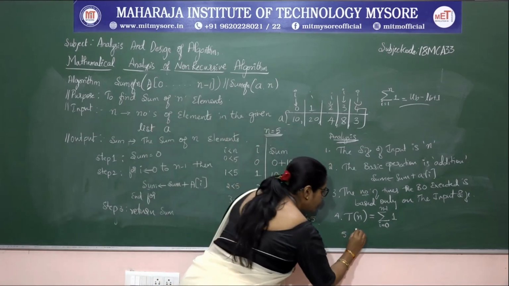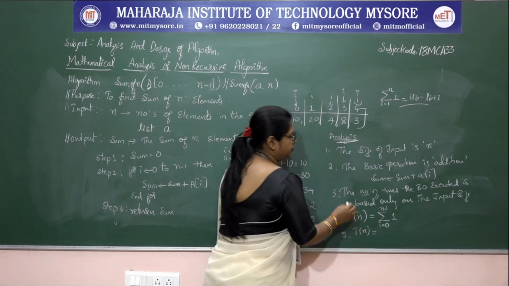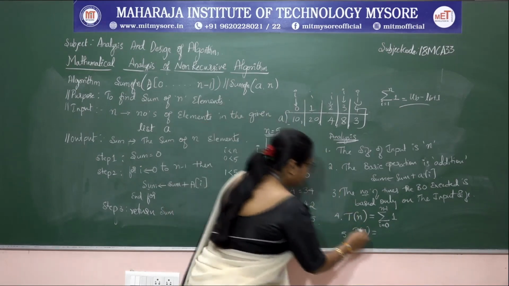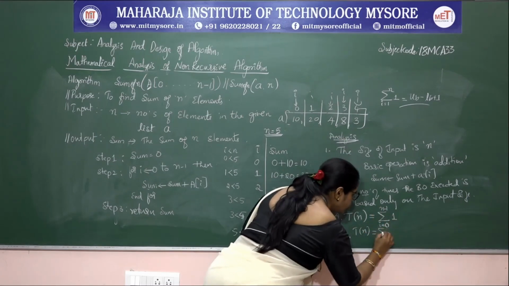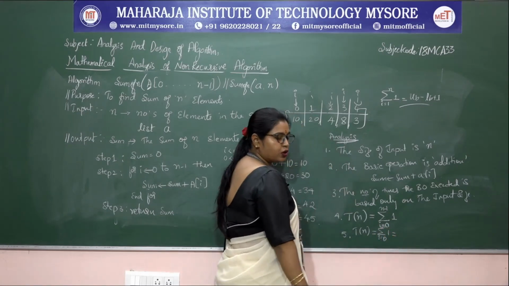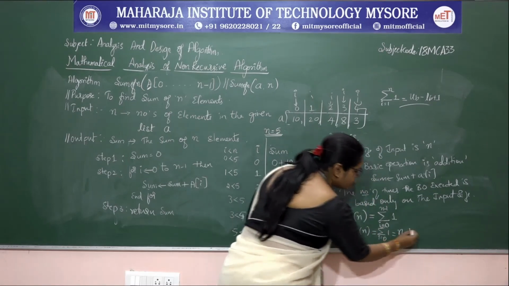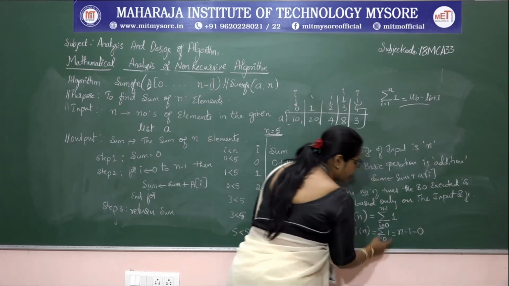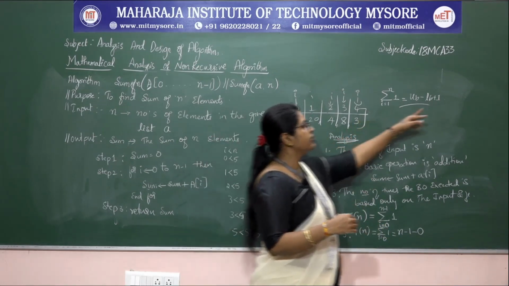Now let us solve this equation. T of n is equal to sum of 0 to n minus 1, 1. So let me write it again. This can be written as: upper bound is n minus 1 and the lower bound is 0, minus 0, plus 1. Here you have 1 only, so is that why we write plus 1?